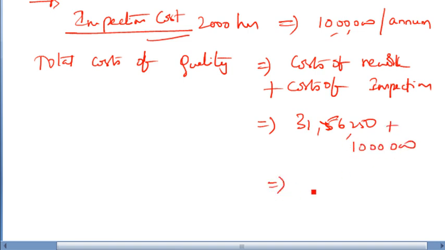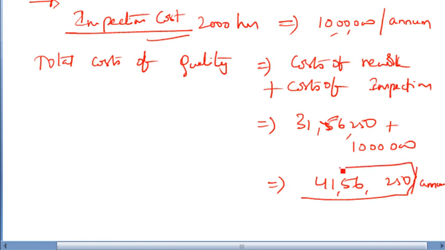The total cost comes around 41,56,250 per annum. You got this? This is the total cost of quality. Obviously, it is nothing but internal failure cost. That's what has been given in the question. Right, chalo, we are done with it.